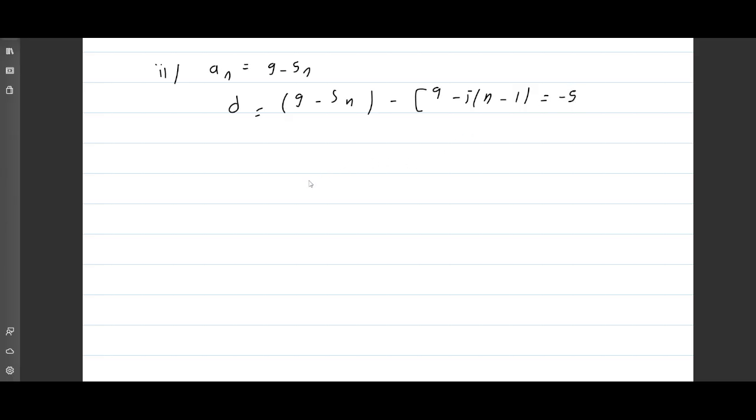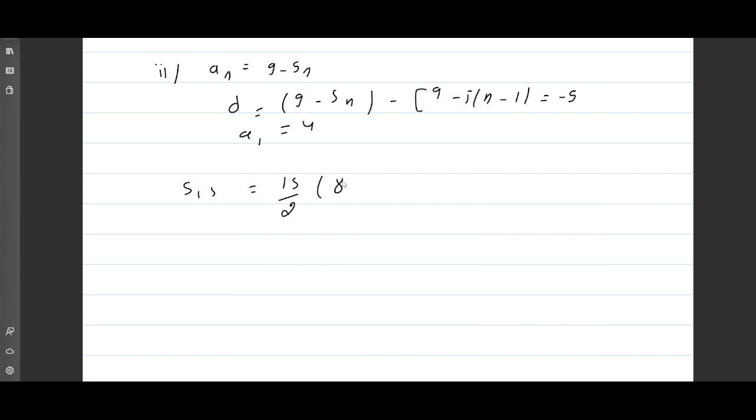As d is free from n, d is constant, hence an is an AP. So what we get, a1 is equal to 4. We have to find S15. So S15 is equal to 15 by 2 into 2a, where 2a is equal to 2 into a.